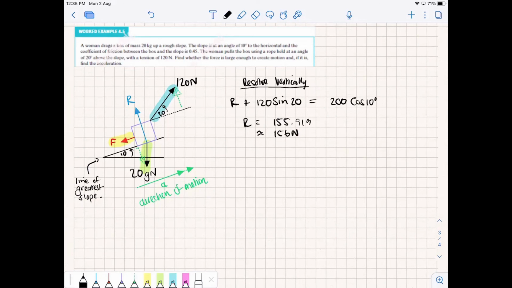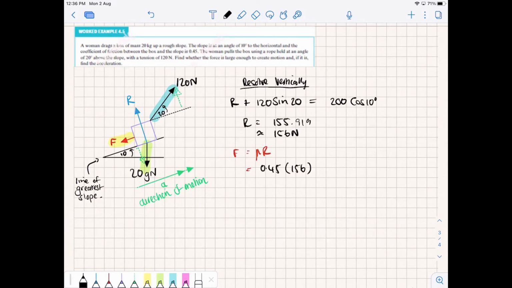But keep the original answer in your calculator, right? Because we're going to use that to calculate everything else now. Right, we've found the normal contact force. So the next thing to do is find the friction force. We've got the coefficient of friction, and so we can use our answer to calculate friction. So we had a coefficient of 0.45 multiplied by this 156.